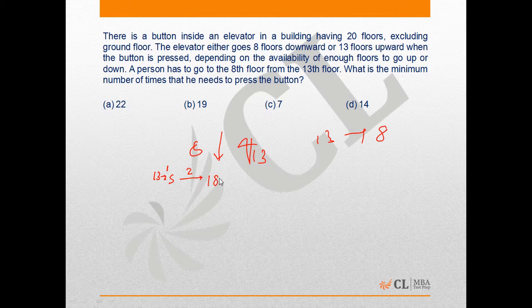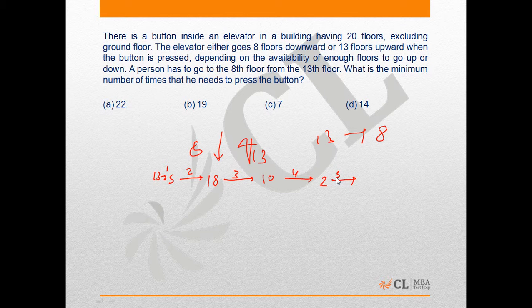So after the second press he'll be at the 18th floor, and when he presses the third time he'll go down 8 floors, which means he'll be at the 10th floor, and when he presses the fourth time he'll go 8 floors downwards, which means after the fourth press he'll be at the second floor.